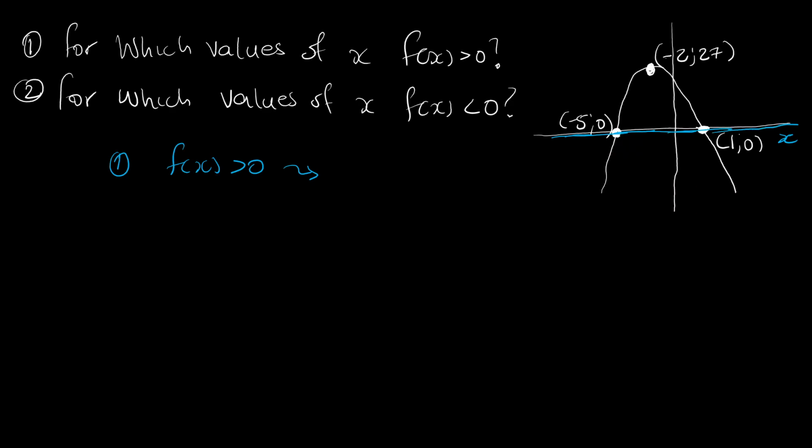We are asking where is the graph above the x-axis. So it's above the x-axis. Let's highlight where the graph is above. From this point going up, all up to that point. So the graph is above. So it's above between 1 and what?